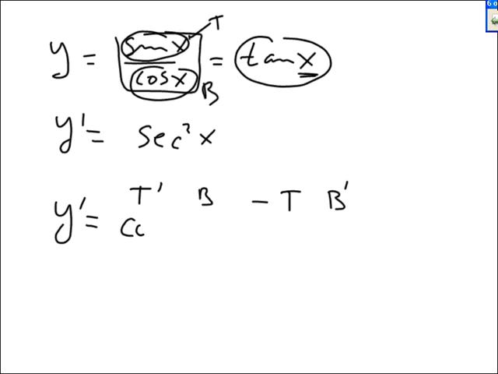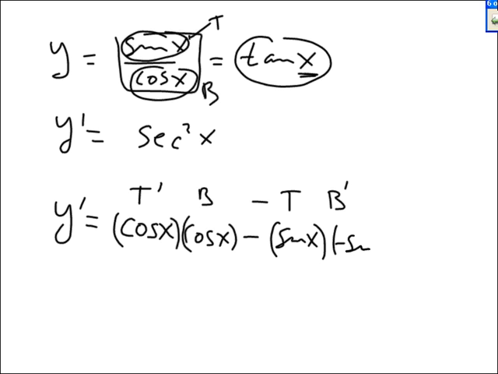Well, the derivative of the top, the derivative of sine x, is cosine x times the bottom, which is also cosine x, minus the top, which is sine x, times the derivative of the bottom. The derivative of cosine x is minus sine x. And it's all over the bottom squared.